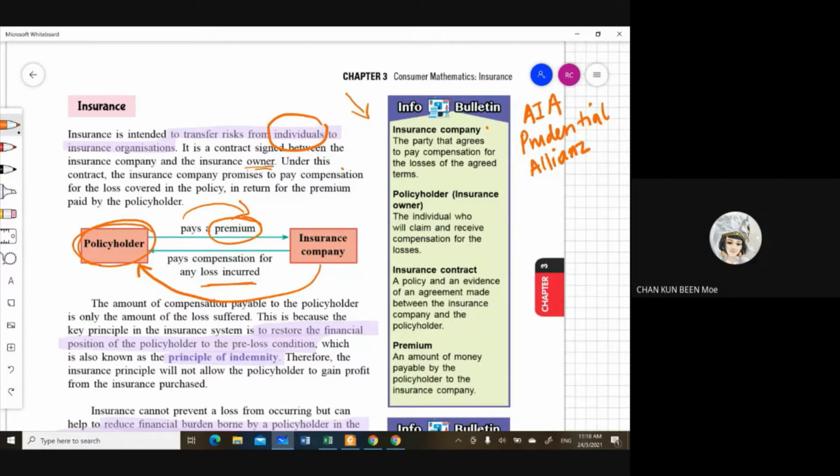Any other? Start with G. Great Eastern. Any other? Tokyo Marine. Zurich. Yes, very good. Zurich. Any other that didn't come to my mind? Takaful. Okay, Takaful is actually a general name for insurance.